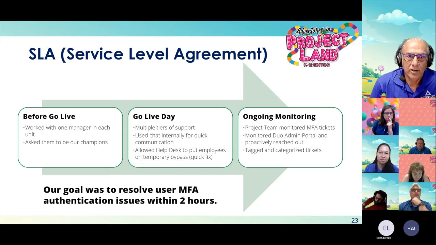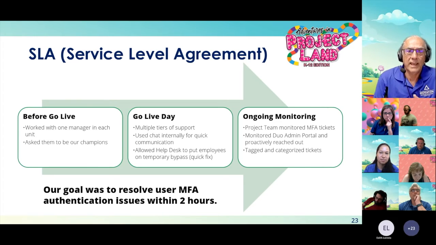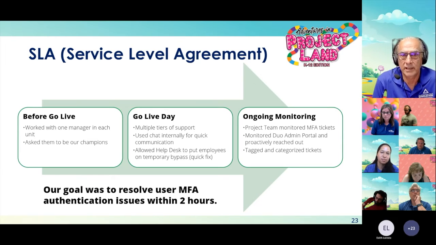During the go live, our project team monitored help desk tickets so that the help desk could focus on phone calls and in-person support. The Duo admin portal was also monitored, and the project team proactively reached out to users with multiple failed authentication attempts. Before they could reach us, we reached them.